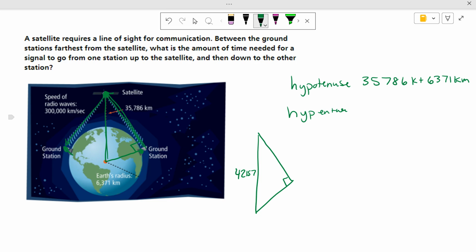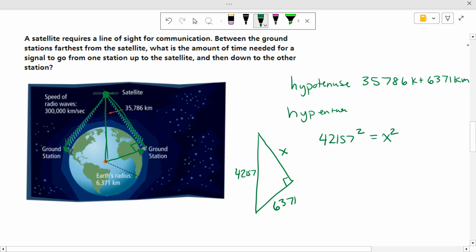Now, the radius of the Earth is the same no matter where you're at. So this side of the triangle is 6,371. We need to find this side of the triangle. It's one of the legs. So we do the Pythagorean theorem again. 42,157 squared equals x squared plus 6,371 squared.